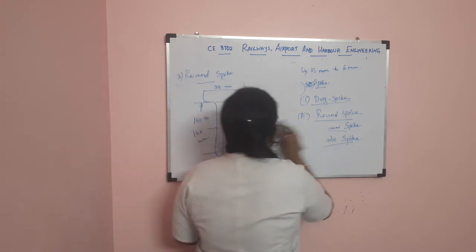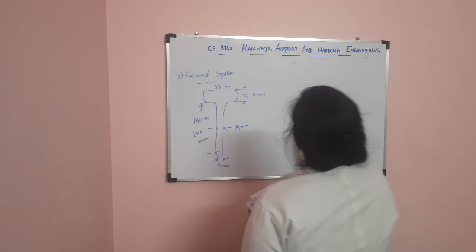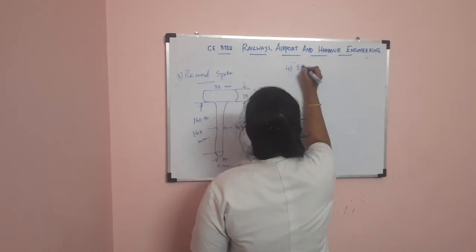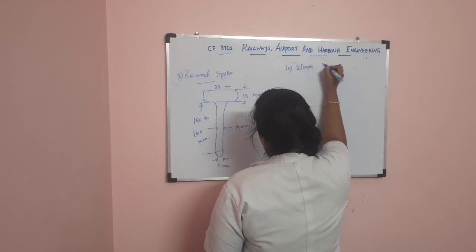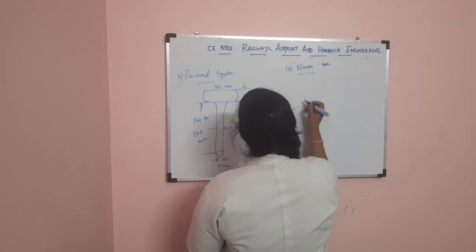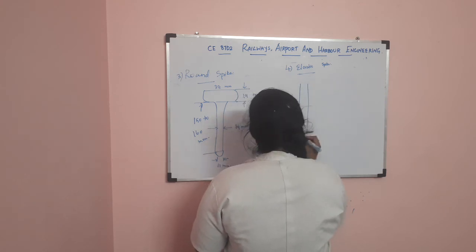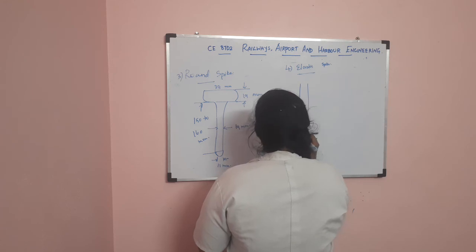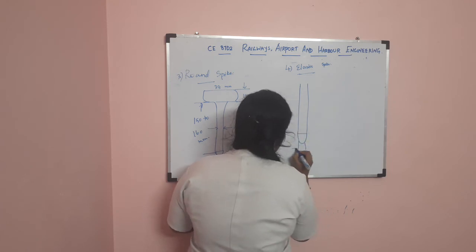This one is elastic spike. So diagram for elastic spike is, this dimension is 13 mm.